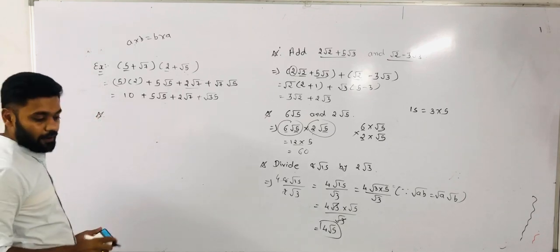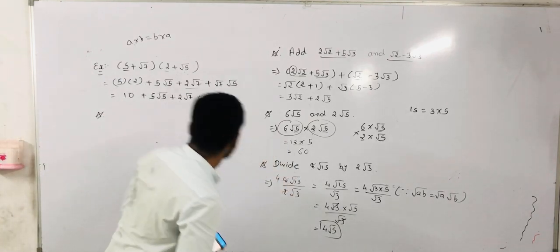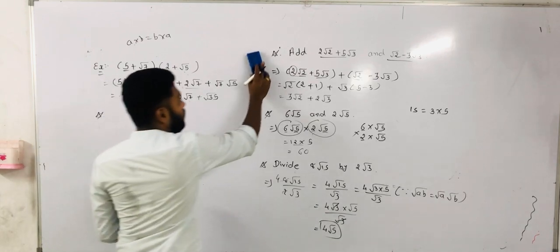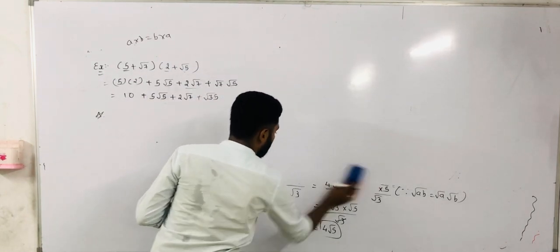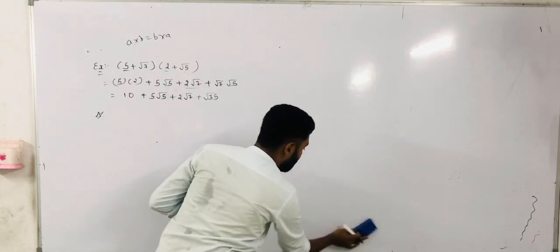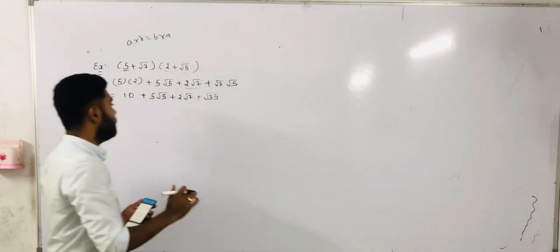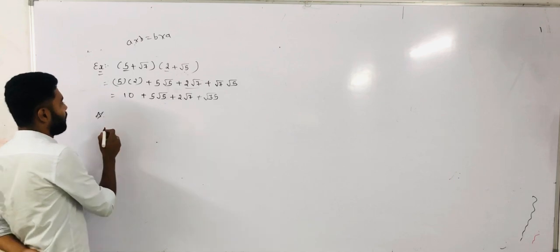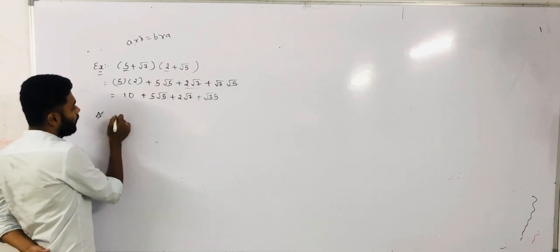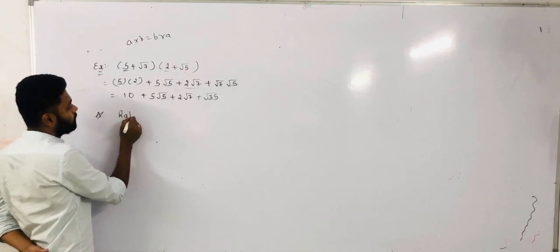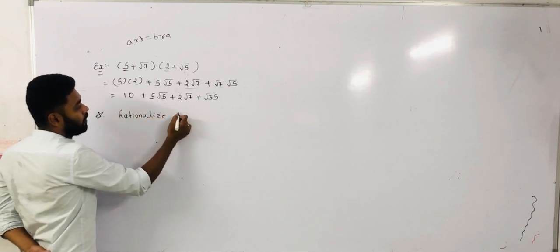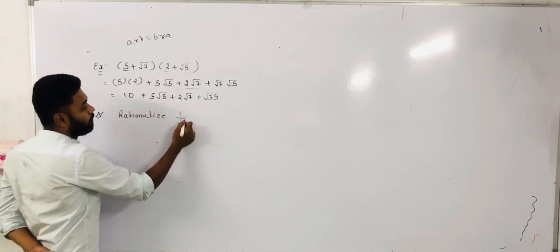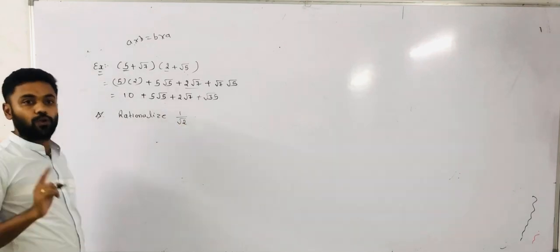Then the next topic, that is rationalization of denominator. So rationalization means what? Let's say for example you are given: rationalize the denominator of 1 upon root 2.